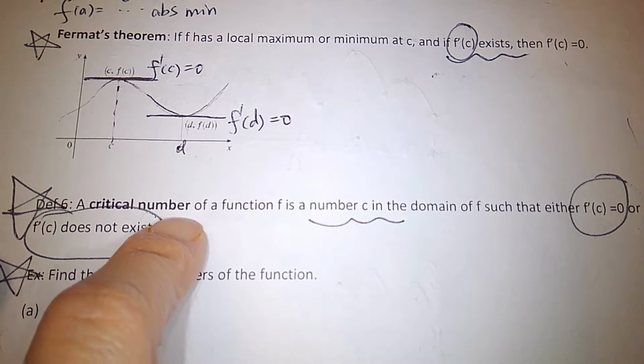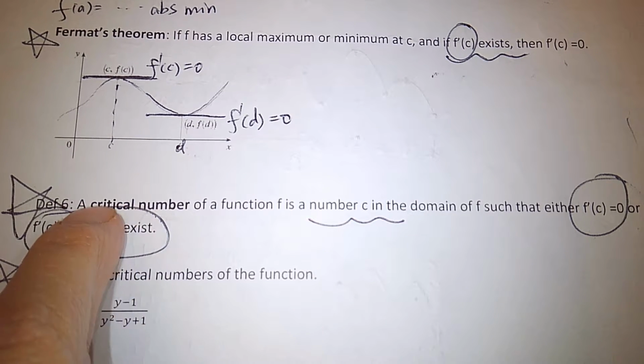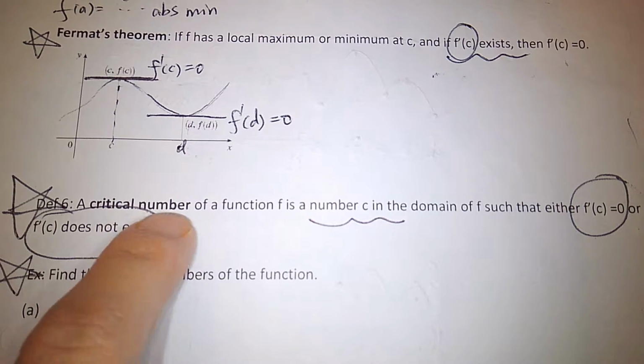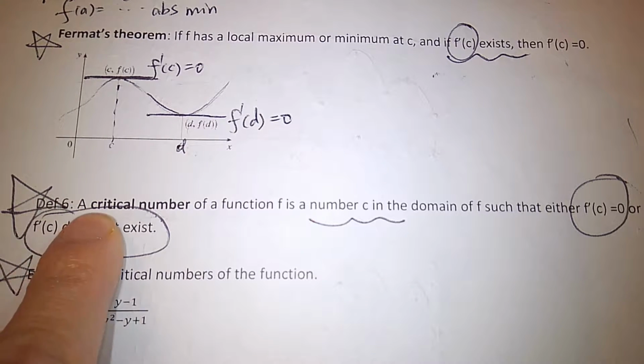How do we understand critical numbers? Important numbers. That means from the critical numbers we can get some useful information. And in later sections of chapter 4, we'll talk about how to graph functions, so we have to know critical numbers.